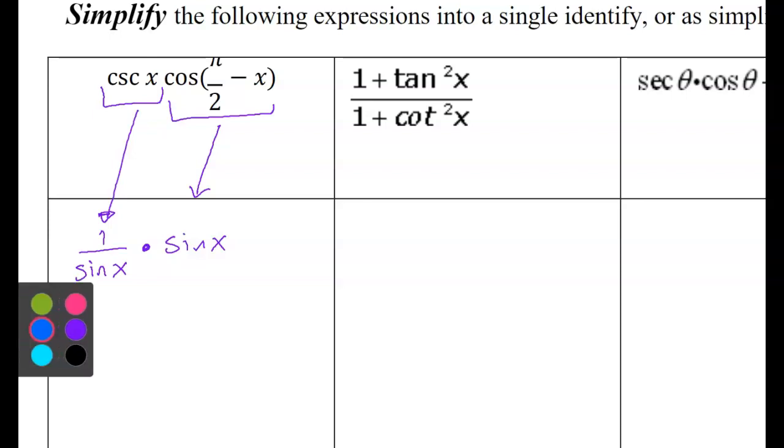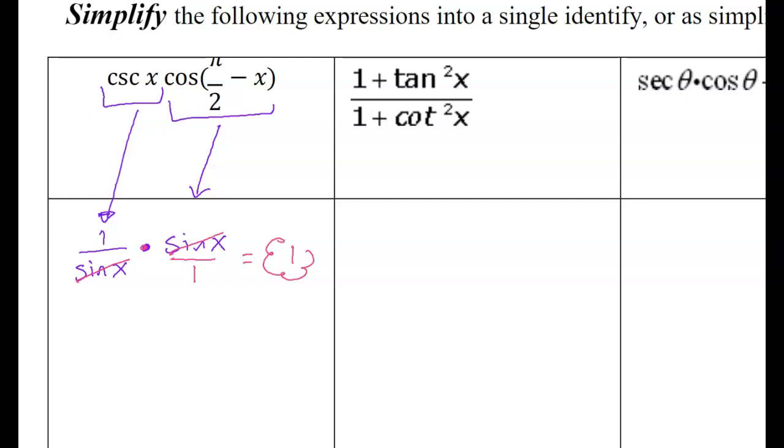Let me show you this. We have a sine of x in the numerator and a sine of x in the denominator when multiplying, meaning they can cancel, leaving us with 1. A lot of problems will simplify to 1. Not all, for sure not all, but a lot of them will, which is very satisfying, right? This big log thing, all of it is just equal to 1.